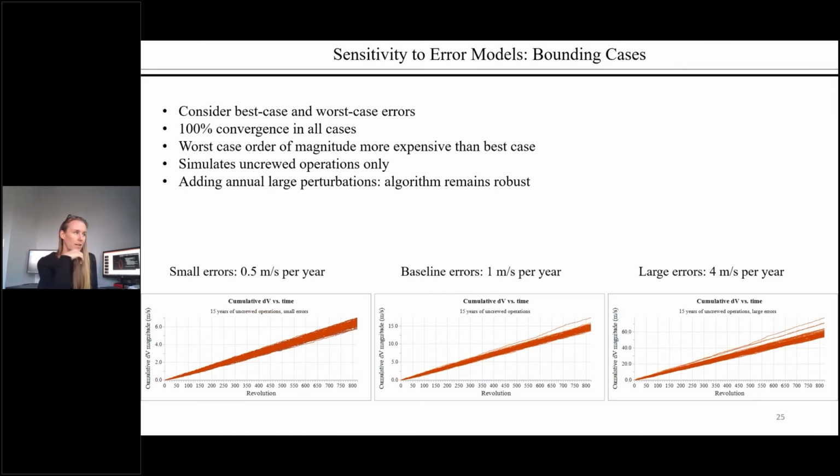I tried adding large perturbations annually, and I just couldn't get the algorithm to break, which I guess is a good sign. So even with large perturbations that could simulate a crewed docking, for example, the algorithm did remain robust.